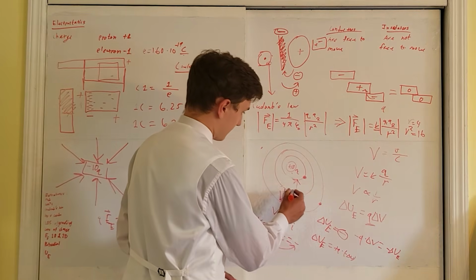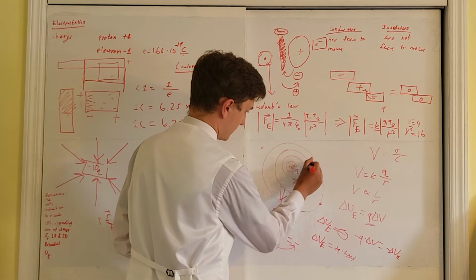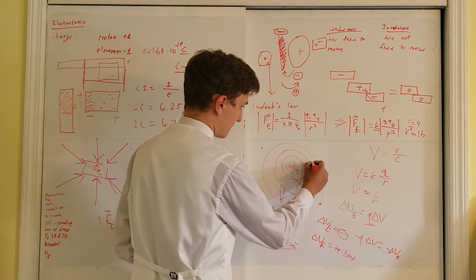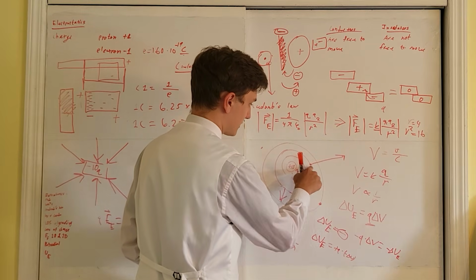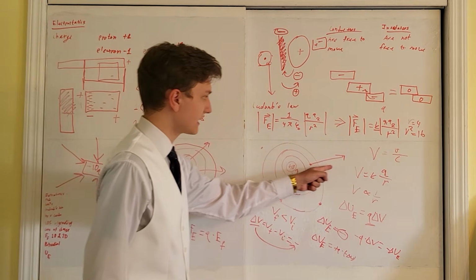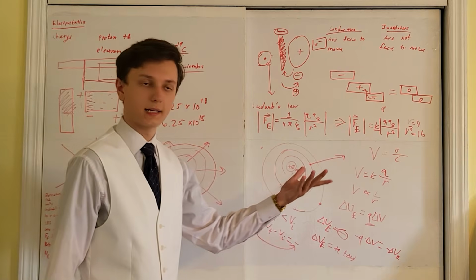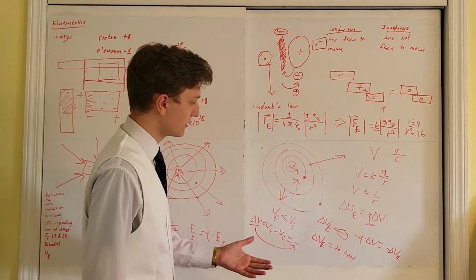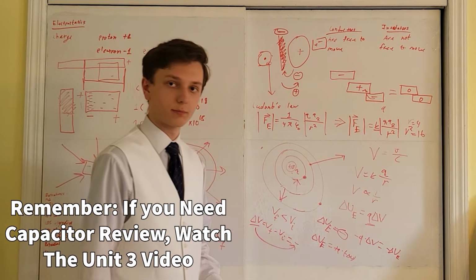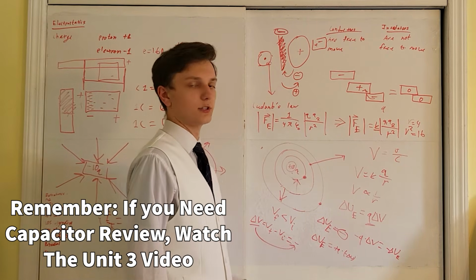Which means if I place a positive charge right here, these two charges are going to repel each other, and the charge I placed right there is going to gain kinetic energy. Where is it going to gain the kinetic energy from? It's going to gain the kinetic energy by a loss in electric potential energy. And the inverse is also true.